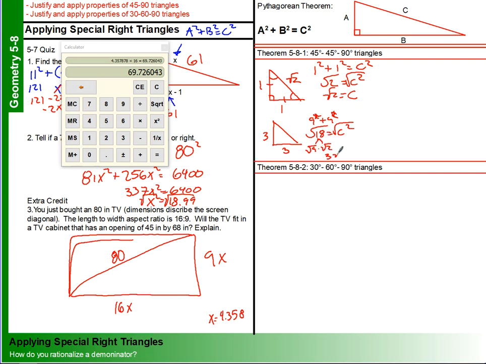We get 3 root 2 is equal to c. Oh, it's just this number times the square root of 2. So this theorem says for any isosceles right triangle, we are going to have a side length of a, and this leg will be a, and this will be a times the square root of 2.